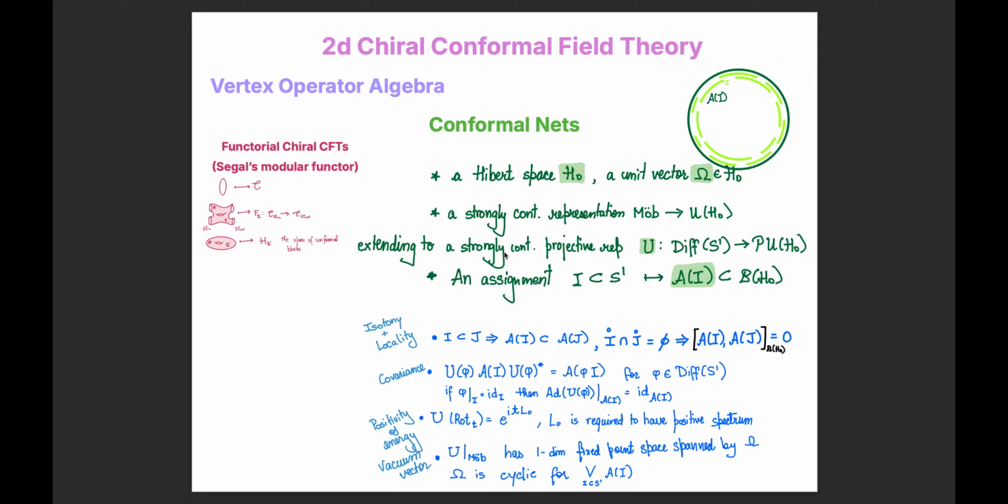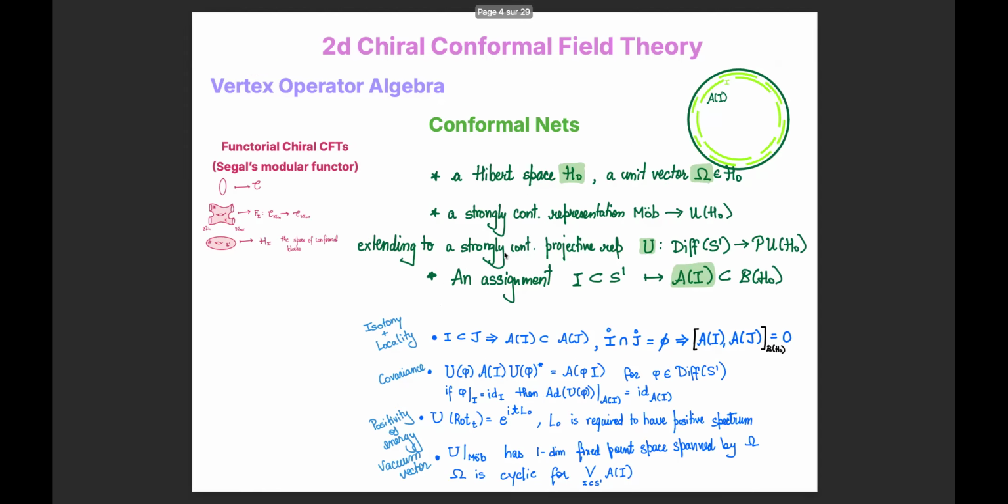There's the positivity of energy condition saying that the generator for rotations has to have a positive spectrum. And lastly, there's a condition on the vacuum vector that it is the unique vector fixed by the Mobius group, and it is cyclic for the algebra generated by all the algebras assigned to different intervals. So cyclic just means that it creates a dense image. So if I act with this algebra on omega, I get something dense in H0.